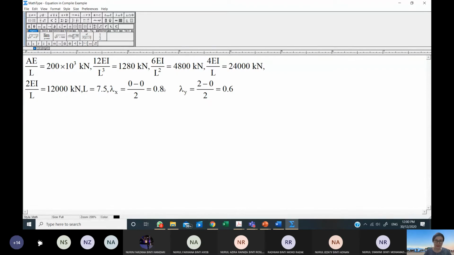If you want, you can also get lambda X squared, which is 0.8 squared, 0.64, and lambda Y squared, which is 0.36, and lambda X times lambda Y, which is 0.48.